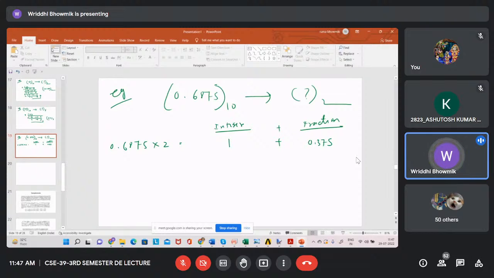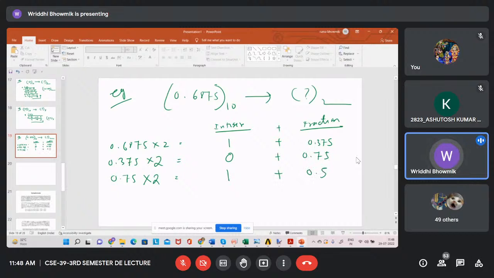Right now, again, I will take this fraction in the next level, 0.375, and then again multiply with 2. And if you do that, I think you have 0.75. So the integer is 0 and the fraction is 0.75. Now again I will take this fraction 0.75 and I will multiply by 2 and I will have 1.5. So integer is 1 and the fraction is 0.5.